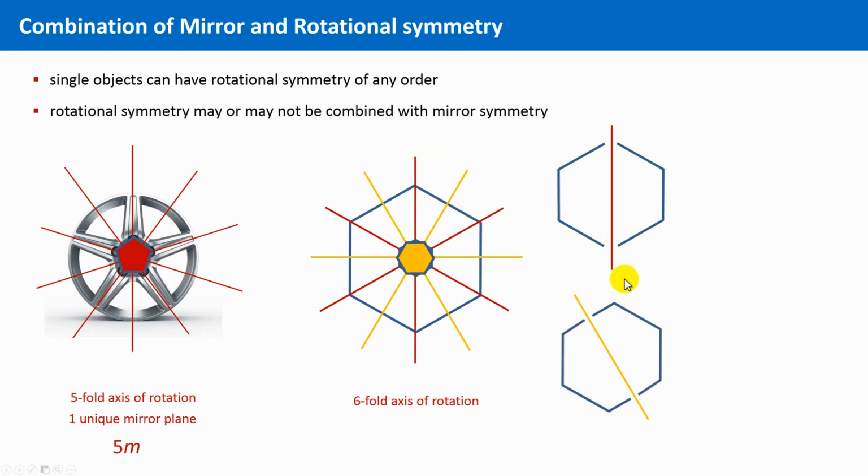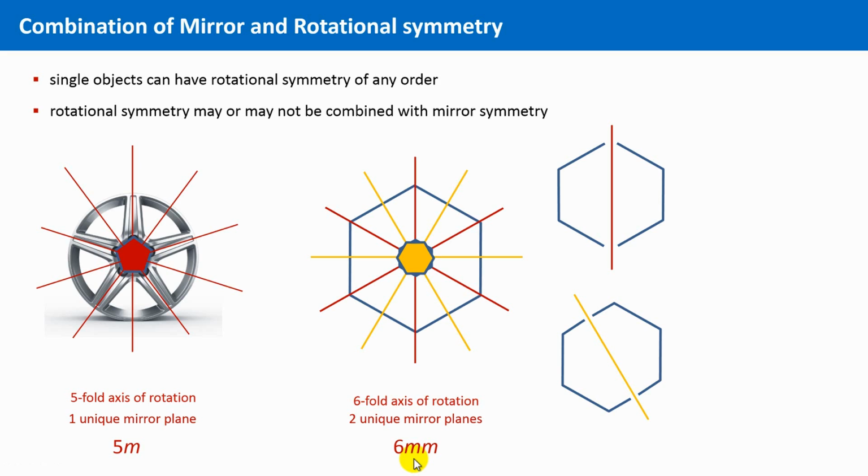But note, the red and yellow mirror lines are not symmetry related to each other. Because to generate a yellow line out of the red one, you have to rotate by 30 degrees, but rotating by 30 degrees is not a symmetry operation of the hexagon. Okay, the full description of the point symmetry of this hexagon is therefore 6mm.